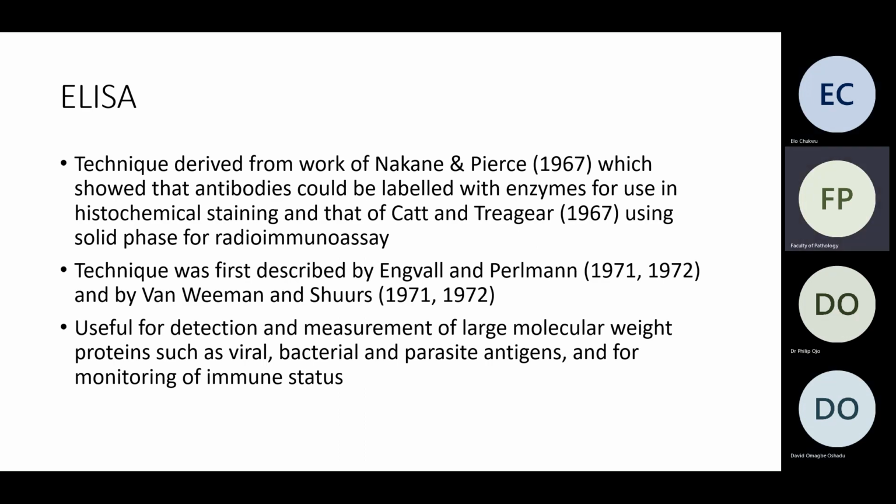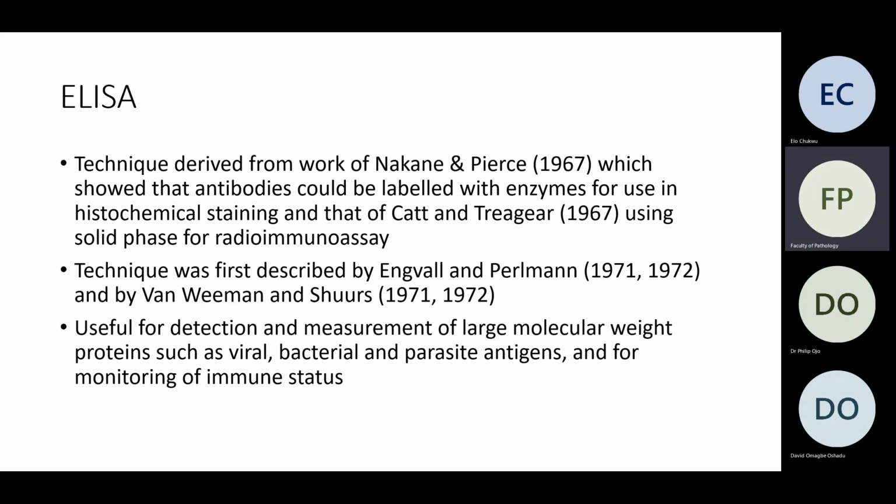Okay, thank you, doctor. So this technique was derived from the work of two authors, McCartney and Pierce, in 1967. These two authors showed that antibodies could be labeled with enzymes for use in histochemical staining.